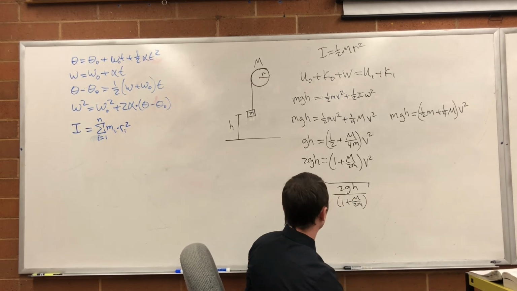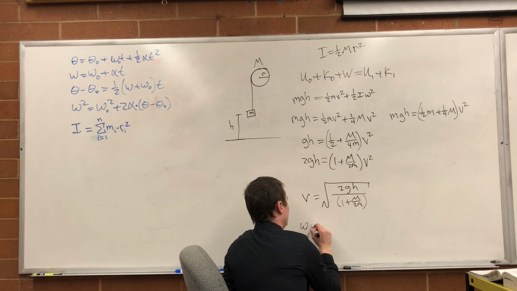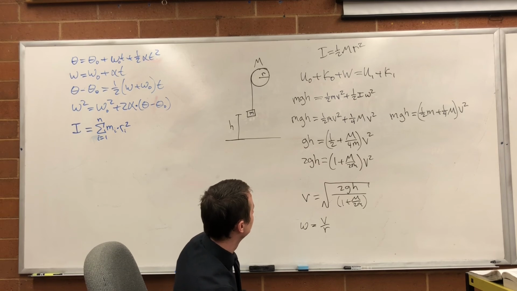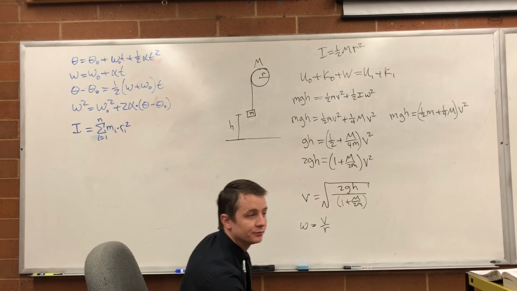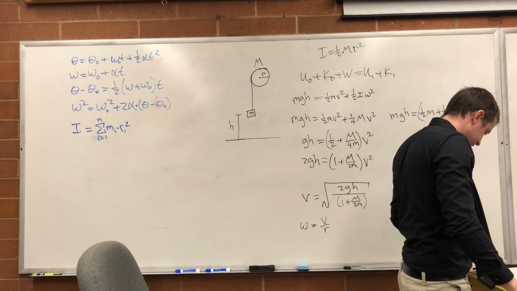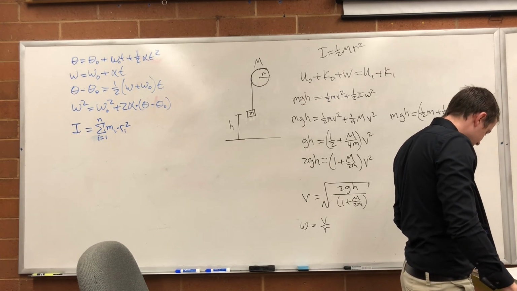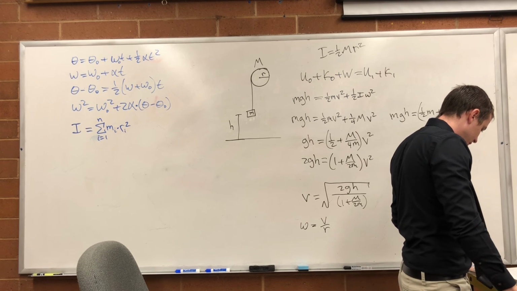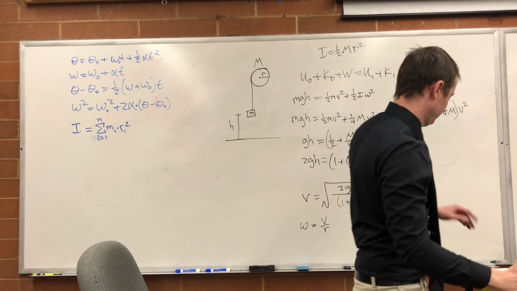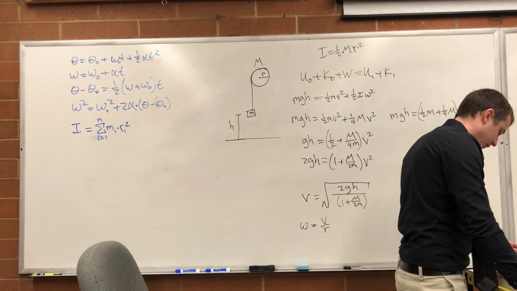I don't know why we need an expression for angular speed, because angular speed is just velocity divided by r, and I don't want to rewrite that. Yeah, that's pretty straightforward. Good? So just watch for kinetic energies. Make sure you account for all your energy. That's always the hard part.